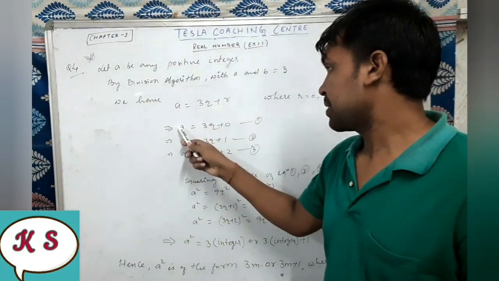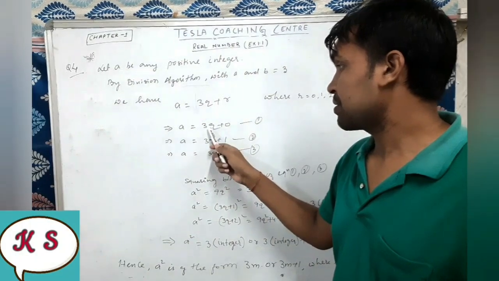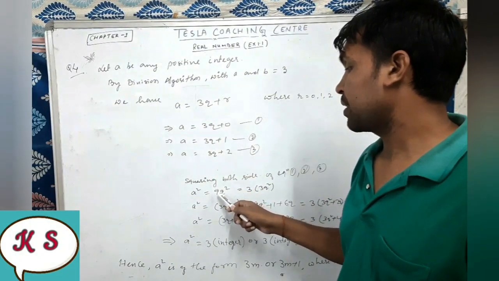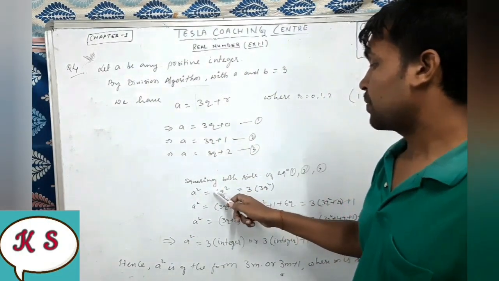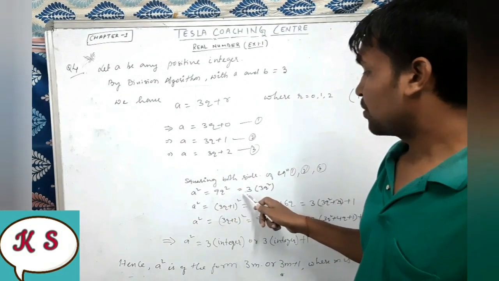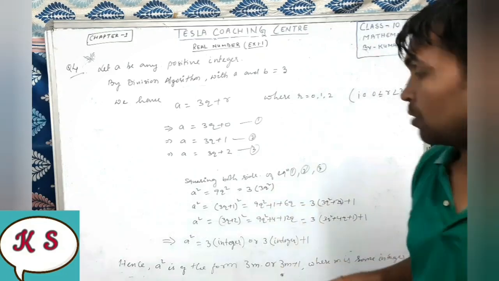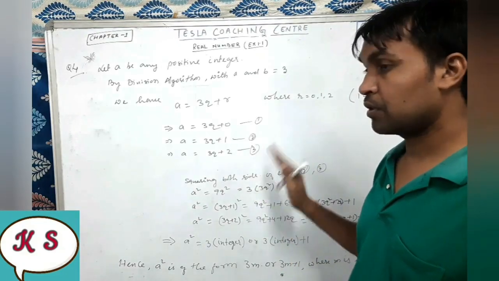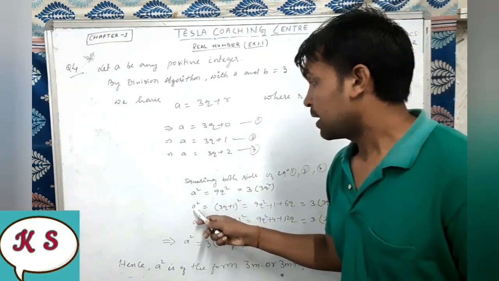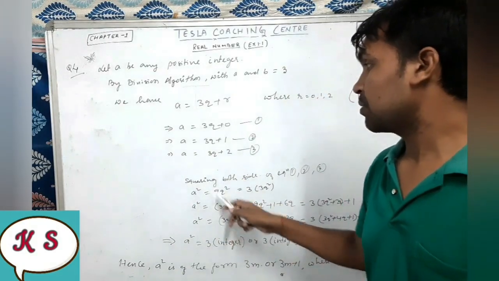So when we square the first one, a square, it is only 3q, so 3q square will be 9q square. From here we can write it as 3 into 3q square, since 3 threes are 9. We have to write in this form, 3 into an integer.